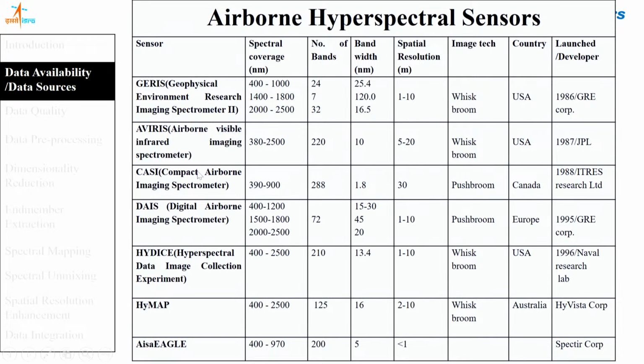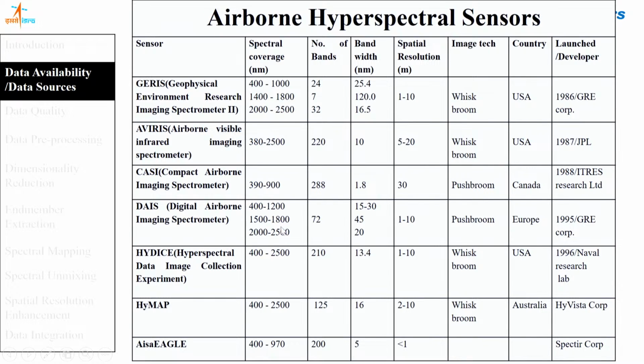Then the Canadian Space Agency developed the Compact Airborne Imaging Spectrometer. Further, they developed the Shortwave Infrared Spectrographic Imager and the Thermal Airborne Spectrographic Imager also. You can see that for VNIR alone, they have 288 bands. Then the Digital Airborne Imaging Spectrometer is there. In most cases, you will see it covers either visible to near infrared or visible to reflected infrared, and in some cases you will see gaps.